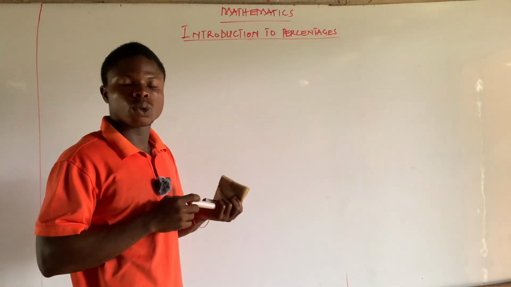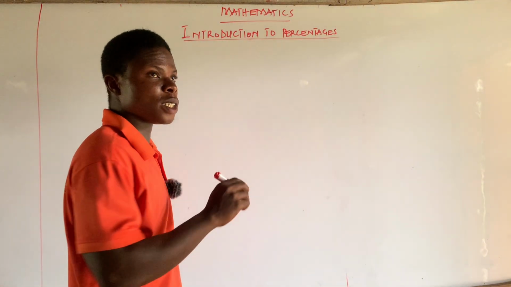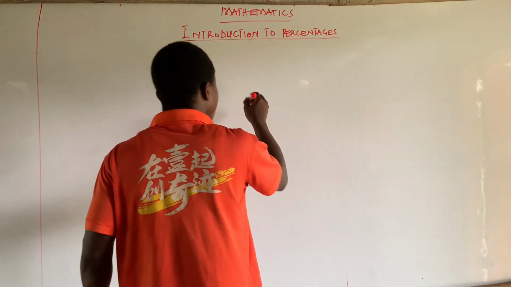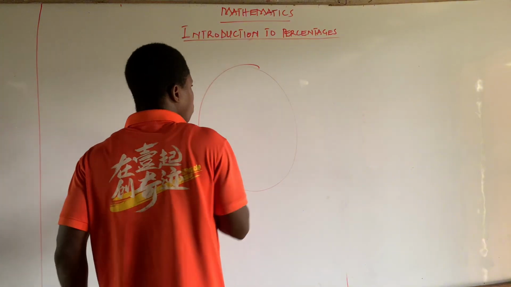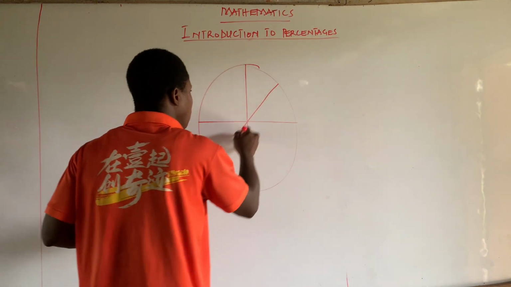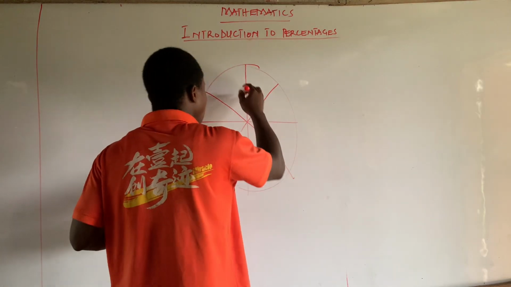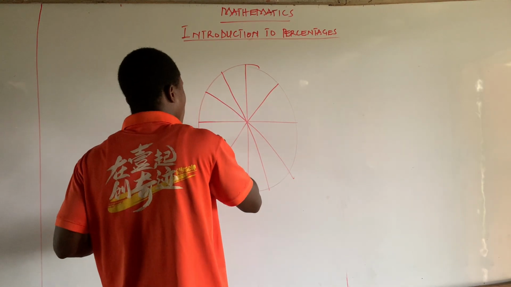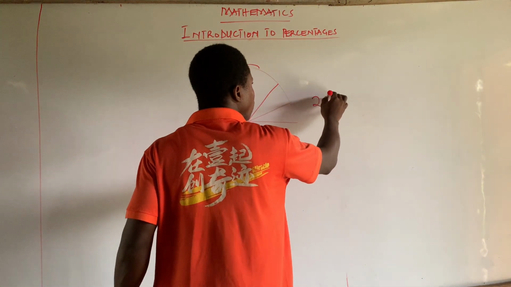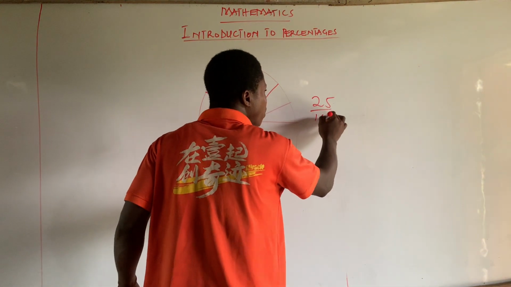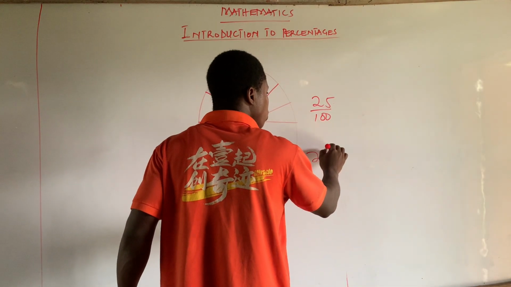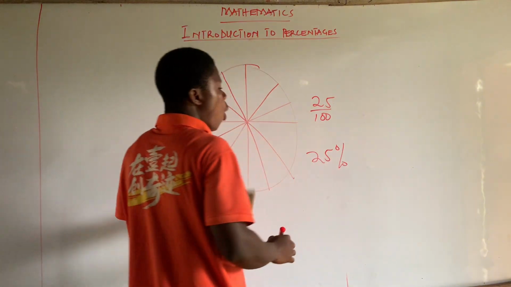Now we are moving on to the formula for percentage. Before the formula, let's assume this cake has been divided into 100 equal parts and you've taken 25 out of the 100 equal parts, meaning you've taken 25% of the cake.